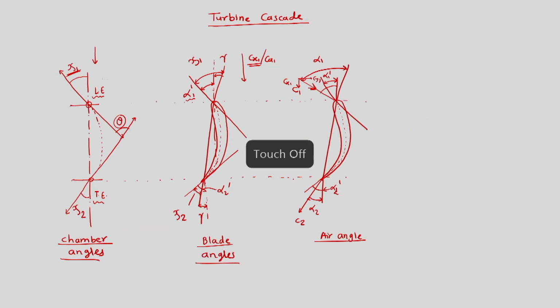So, we have seen that the absolute velocity c1 is making an angle alpha 1 with the chord line, which is called the air angle. Similarly, this is the same at the outlet. Alpha 1 is the angle made by the velocity vector with the vertical line or the axial direction.